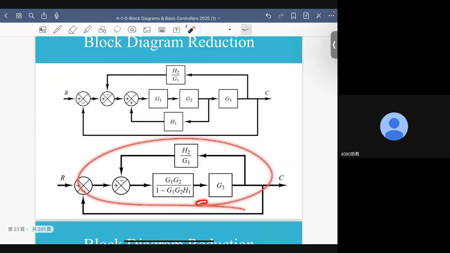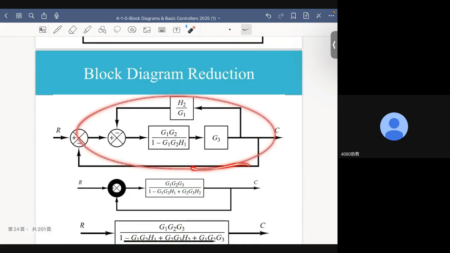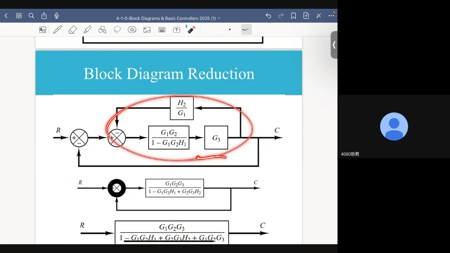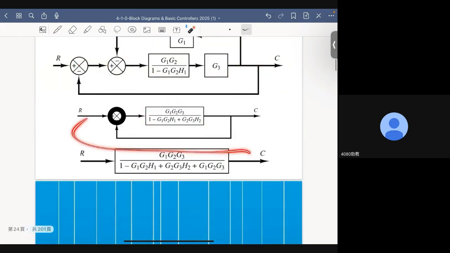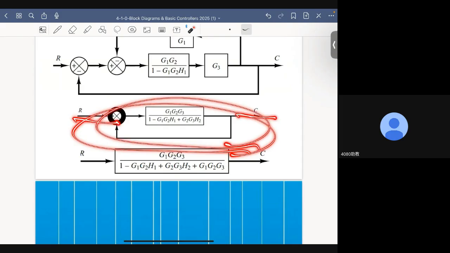Let me replot this here. Again, this is a standard feedback control system because it has only one input and only one output. So the transfer function from here to here is actually this. And again, this is a standard single input, single output feedback control system.